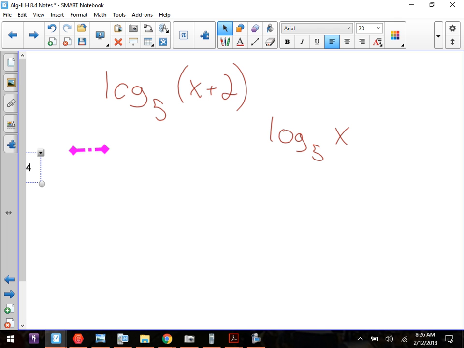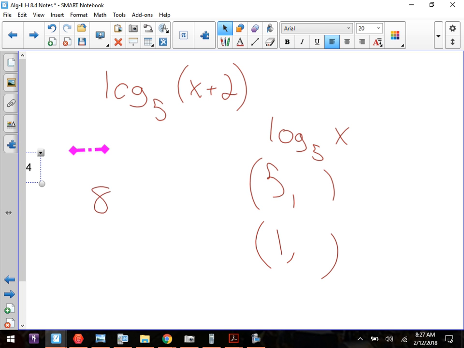What are my two ordered pairs I'm going to pick? My parent function, I'm going to pick 5 and 1. That's what you're doing. Because what's log base 5 of 5? 1. And what's log base 5 of 1? 0. There's your ordered pairs. Shift. It's that quick, guys. It's literally that quick.